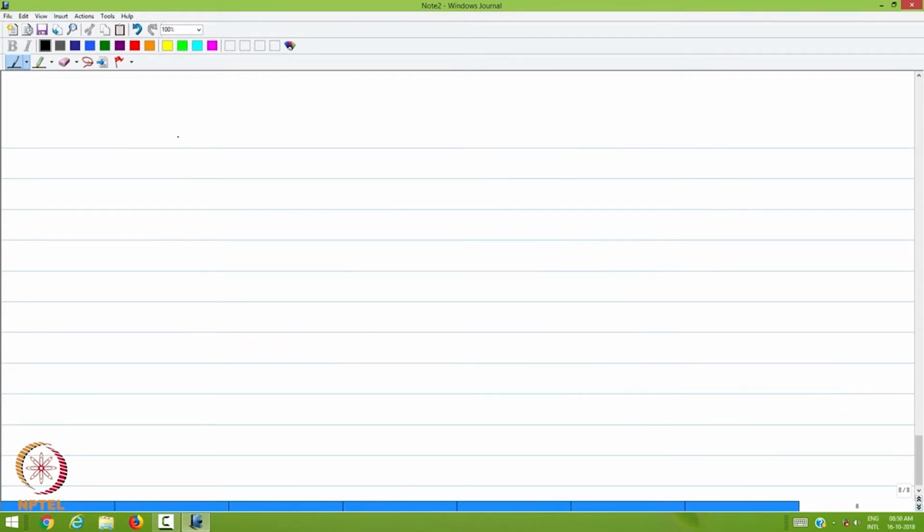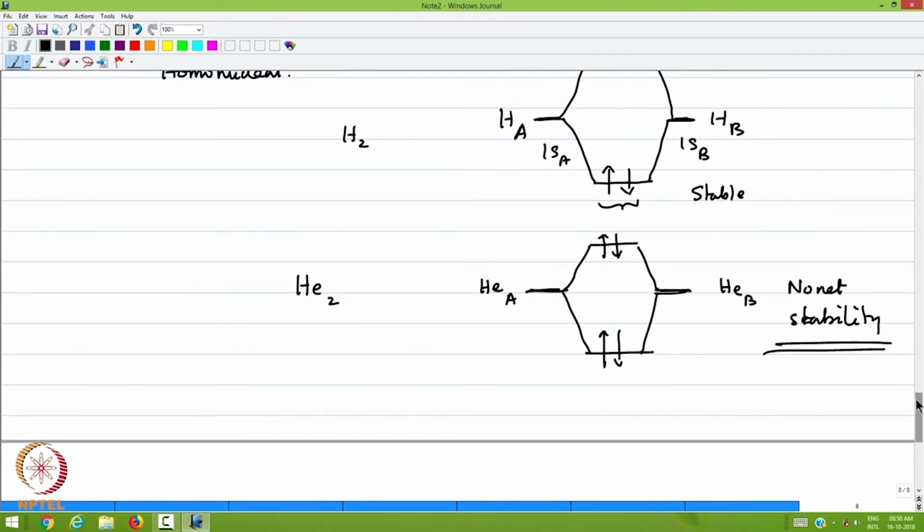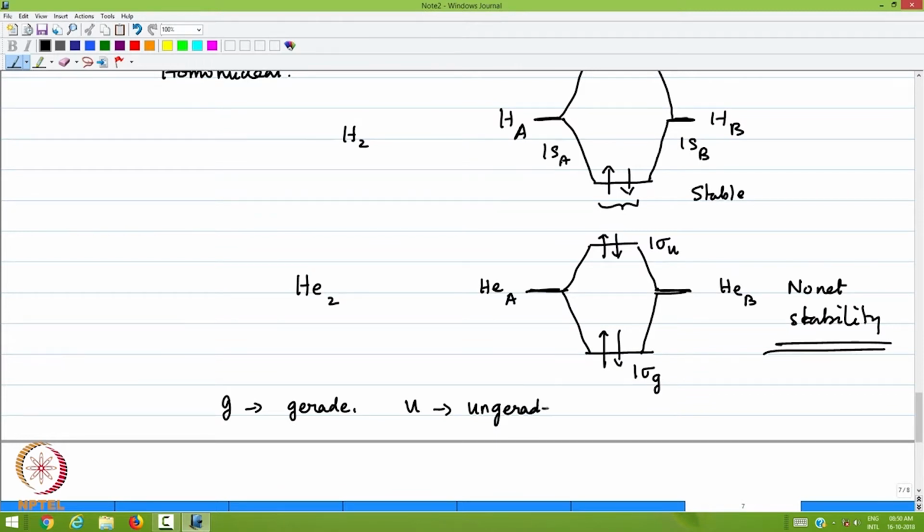The next case is, there is also a convention of labeling these energies. The label is that this is called 1 sigma g and this is called 1 sigma u. The g and u stand for gerade and ungerade, which is symmetric and anti-symmetric.